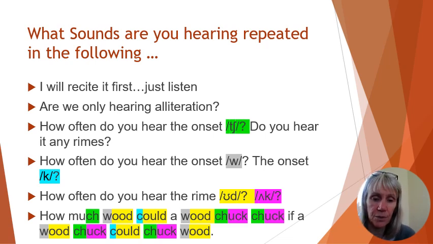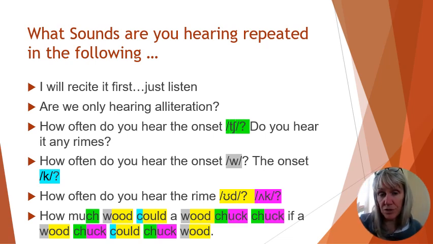We see the w in wood 4 times because we have would repeated 4 times, and we see the k sound in could twice. Okay, and uck. The rhyme of uck is there 4 times because we repeated chuck 4 times. And the wood was the big one, the biggest one, I think, was the yellow. Well, there you go. That was just a little practice with repeated rhyme and hearing what's being said.